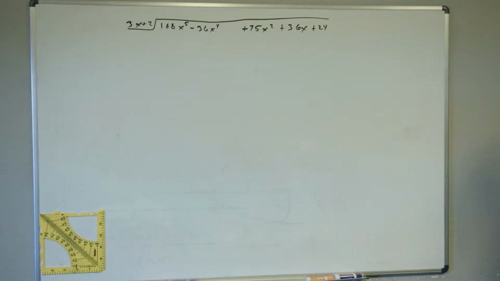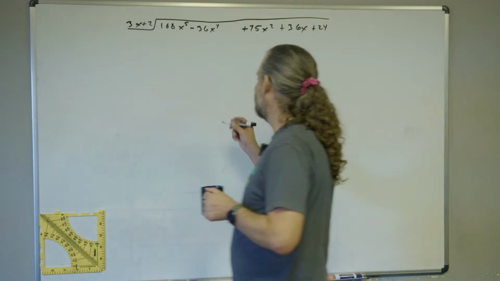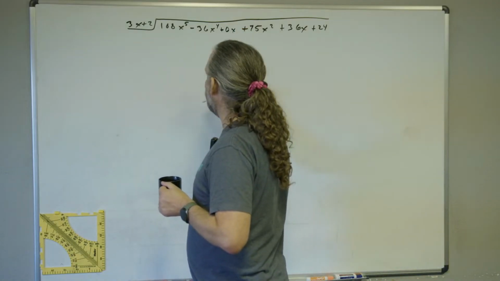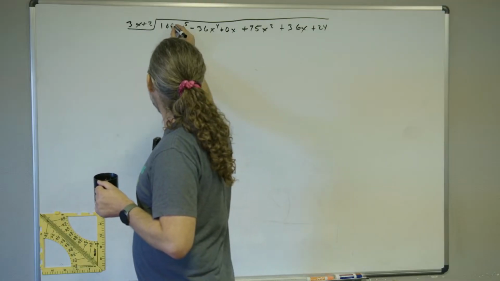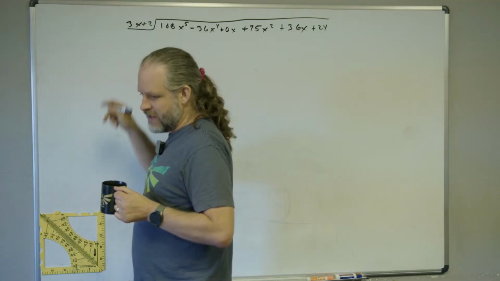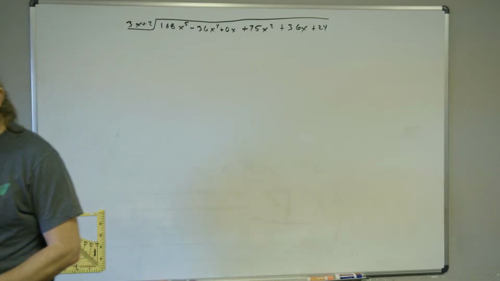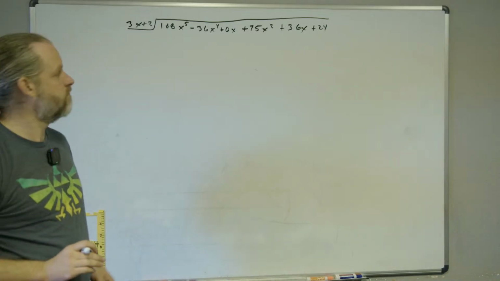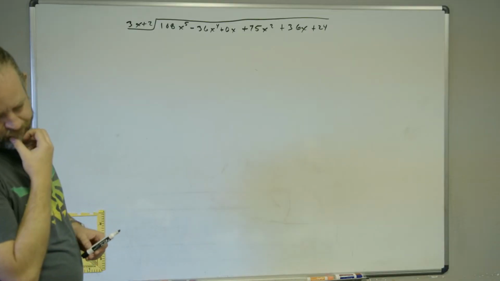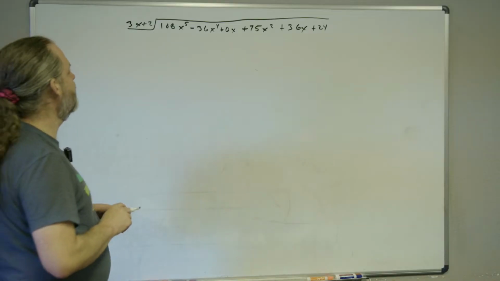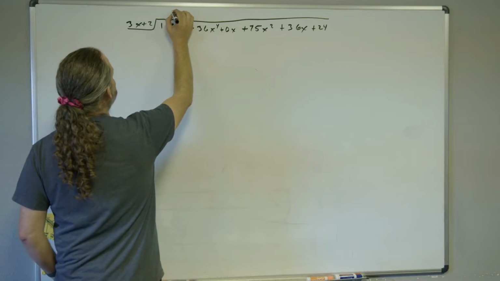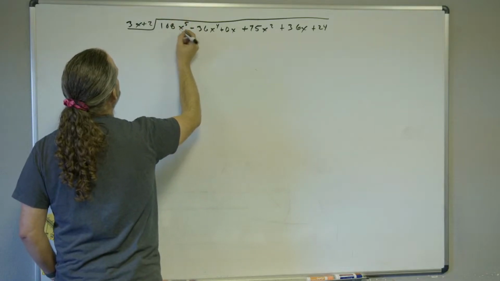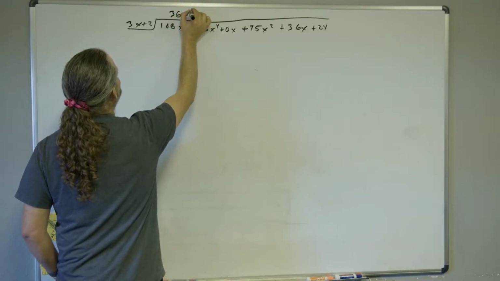And then we find how many times 3x divides 108. Yeah, so what, 108x to the fifth divided by 3x is how many? 27. That's 24. Wait, 36x to the fourth. Yeah, that's the right number. 36. What am I doing? Yeah, 36x to the fourth.